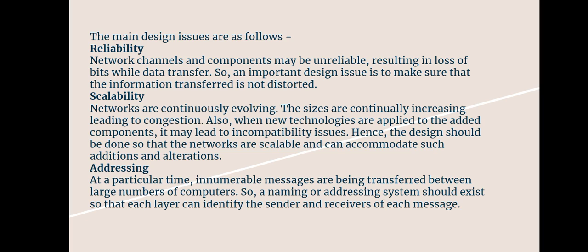That means when data is transferred between sender and receiver, both know the address of each other. The sender knows the receiver's address and the receiver knows the sender's address. In that condition, the data is transferred between them.